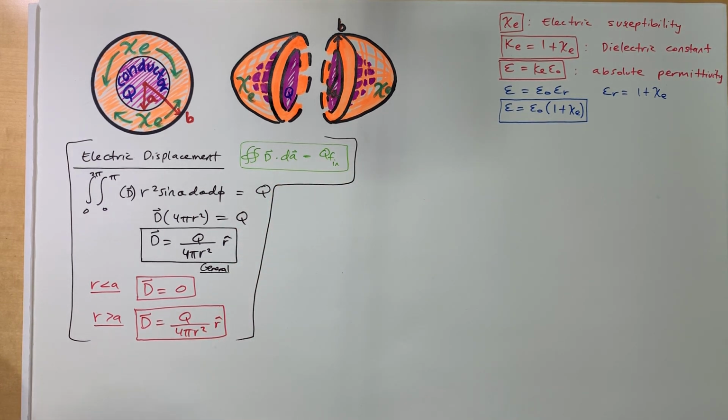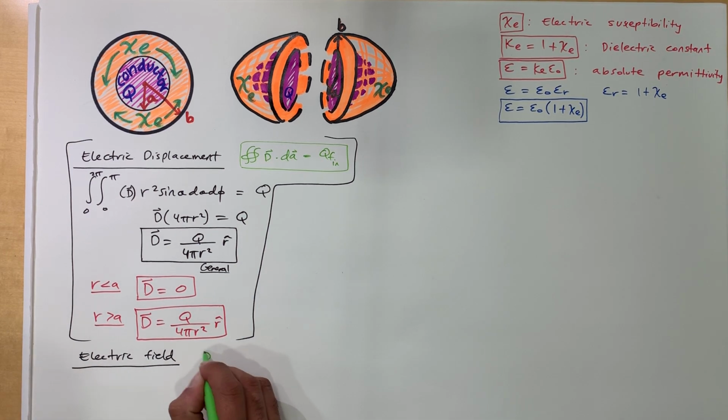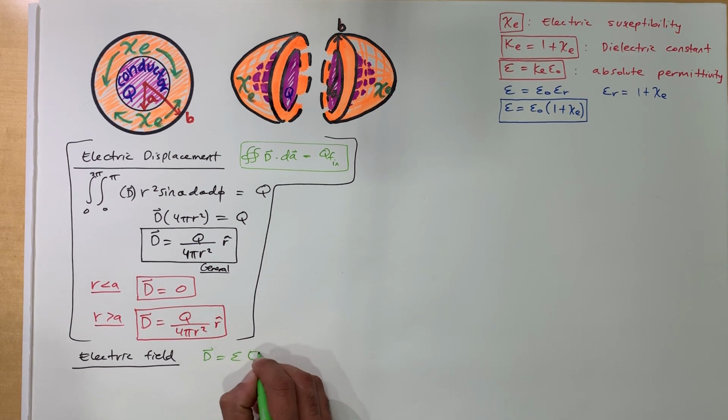We can jump to the electric field. So now let's look for the electric field, and we can use that electric displacement is equal to epsilon times the electric field.